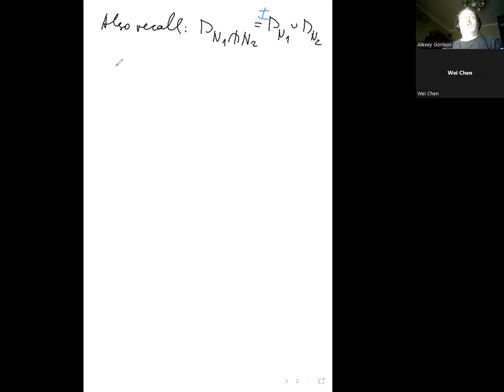Let's now focus on the case when the submanifold is the diagonal inside this Cartesian square, and I also make the assumption that R is a field.